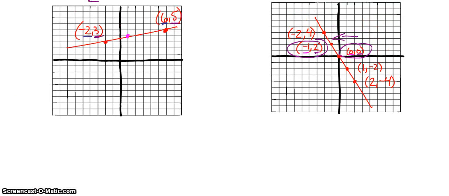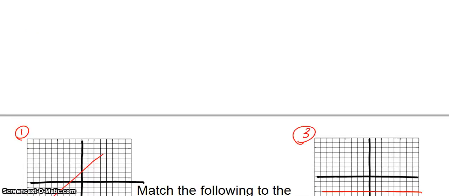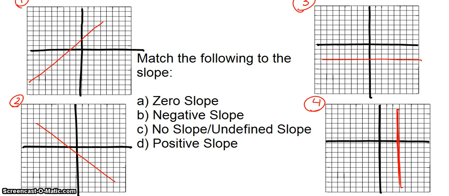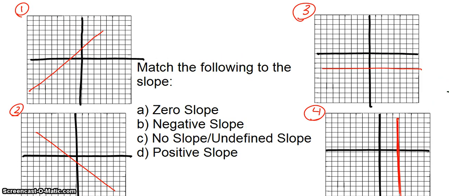Now, we noticed that here 1 was positive, 1 was negative. So there are actually 4 different types of slopes: zero slope, negative slope, no slope or undefined slope, and positive slope. From our previous example, we saw that the positive slope resembled something like number 1.